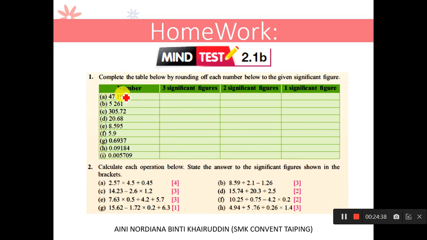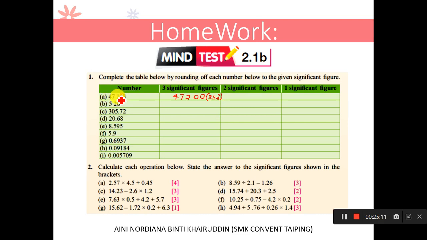So this is the digit you have to look. 9 is greater than 5, so you have to add 1 to digit 1 here. So the answer will be 47,200. So this is 3 significant figures.